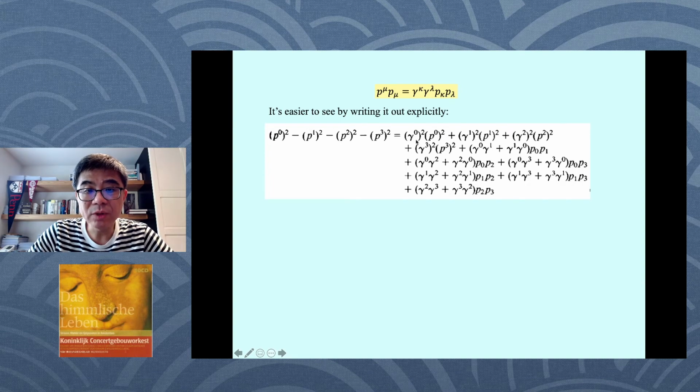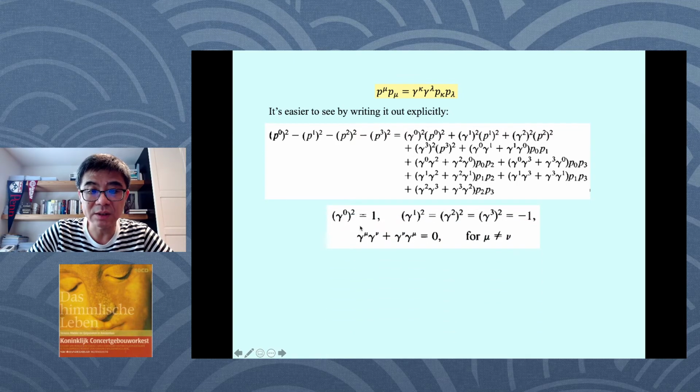And from the relation, you can easily see that for the two to be equal to each other, gamma 0 must be equal to 1. Gamma 1 squared must be equal to 1. Hence, we got gamma 0 squared equal to 1, and gamma 1 squared equal to minus 1, because there is a minus sign here. Gamma 2 squared and gamma 3 squared are both equal to minus 1.